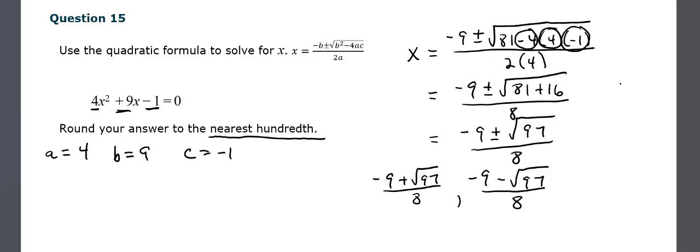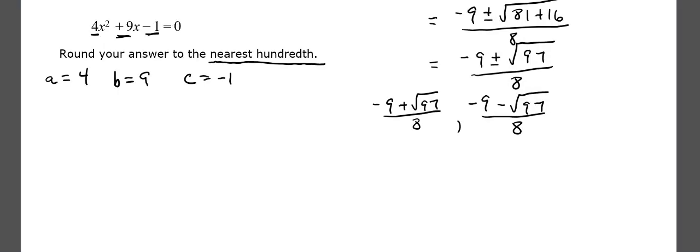So go ahead and put those in your calculator, and you should end up with 0.10610 for the first one, and negative 2.35610 for the second one.